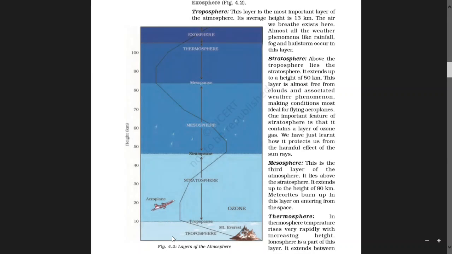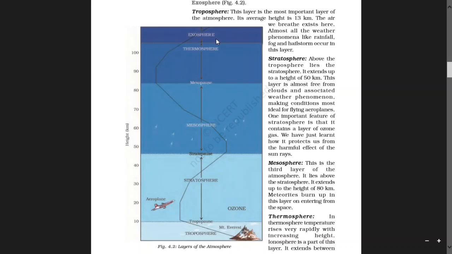Starting from the earth surface, the place where we build our houses and live, these are Troposphere, Stratosphere, Mesosphere, Thermosphere and Exosphere.